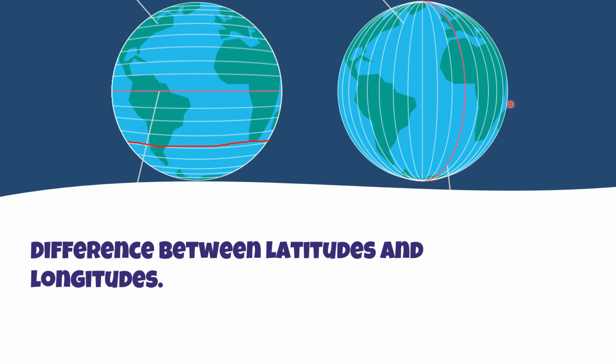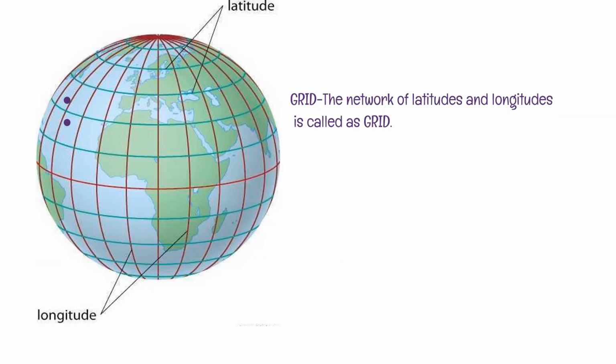A red line is drawn over here. Can you see it? This important line of longitude is 0 degree, and all the longitudes meet at the poles. These are the main differences between latitudes and longitudes.